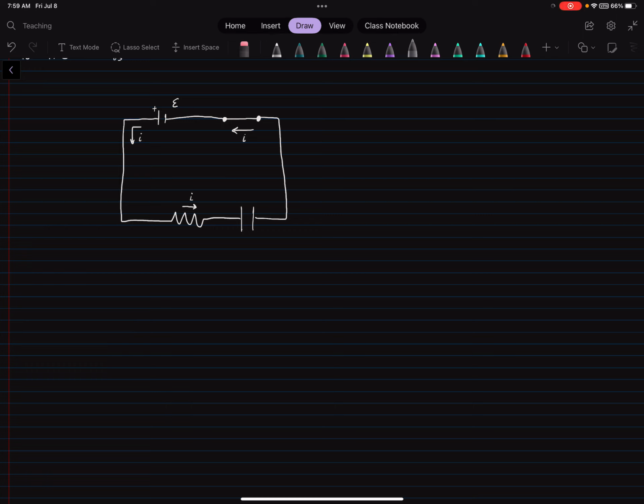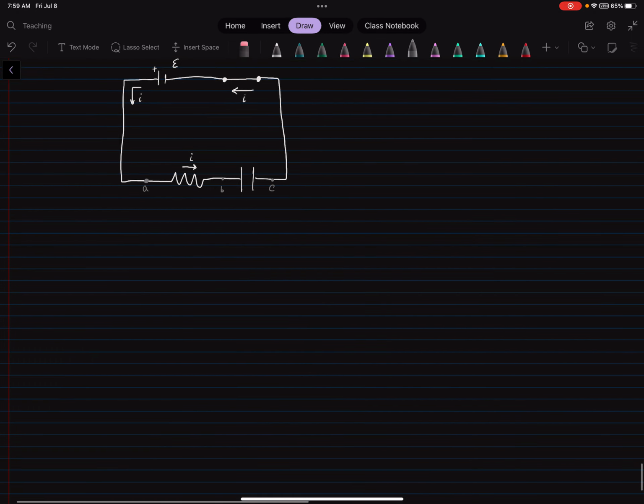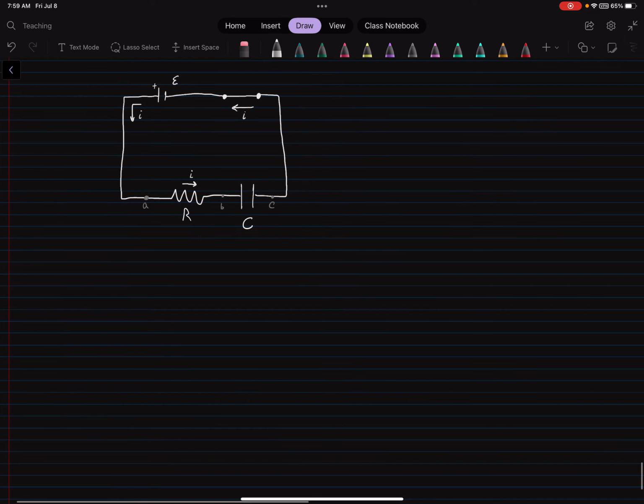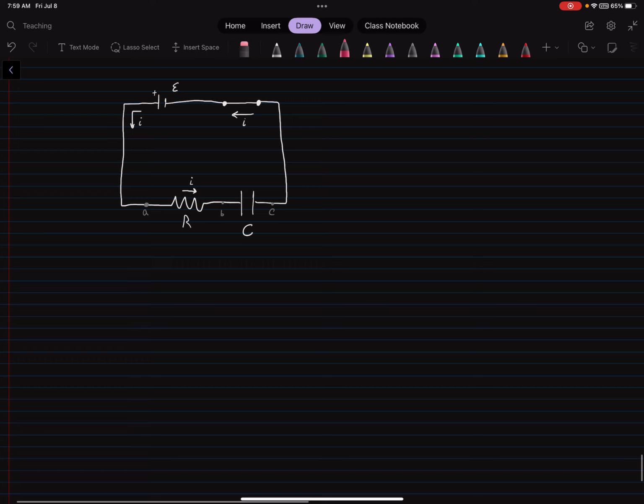And I'll put some points on here that we can perhaps talk about, although I'm not sure that we need to. But as this current begins to flow, this resistor and this capacitor act in such a way that positive charges accumulate on one plate of the capacitor and negative charges, I'll use blue, negative charges accumulate on the other.